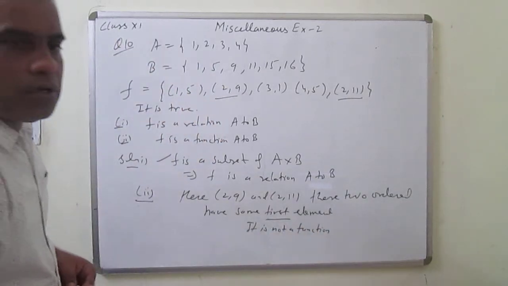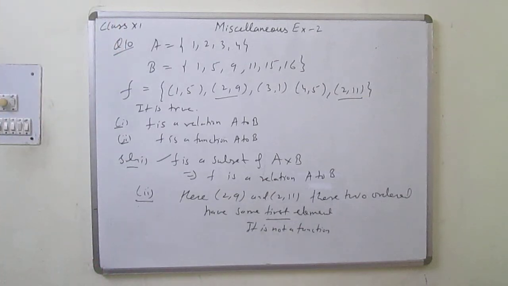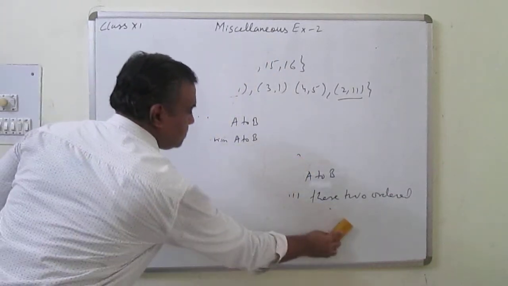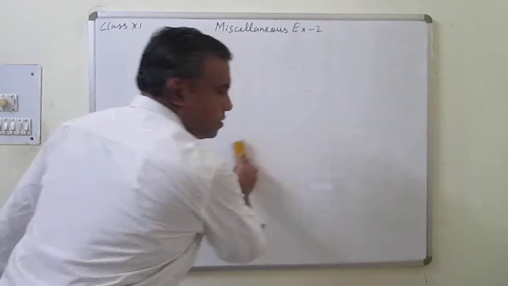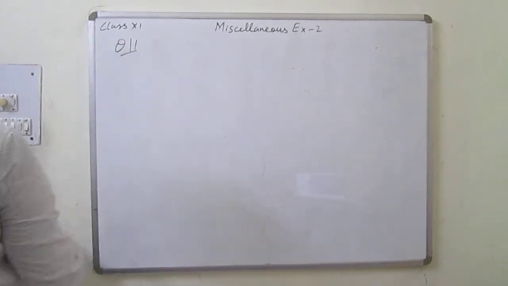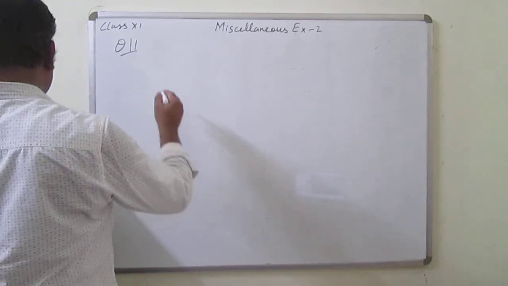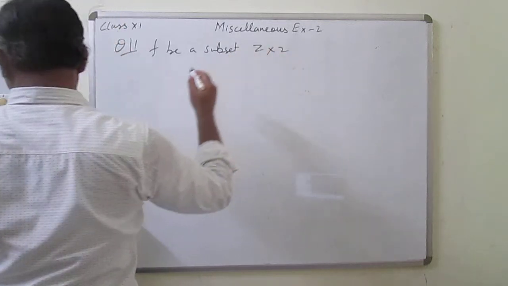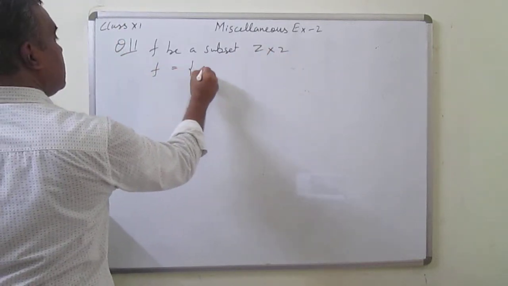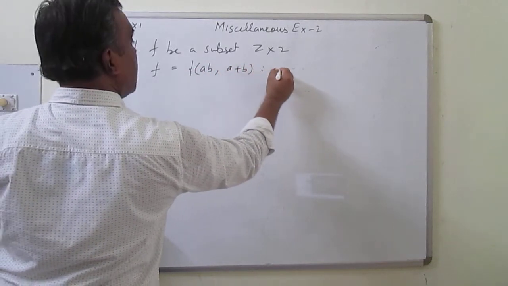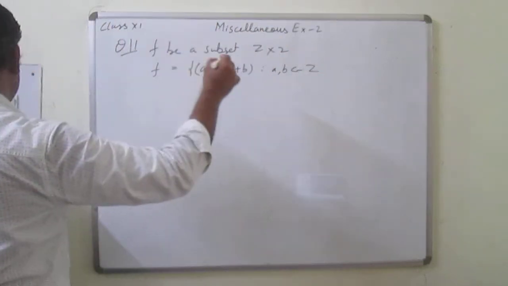Now I will do question number 11. Let F be a subset of Z cross Z defined by (a, b) maps to (ab, a plus b), such that a, b belong to Z, where Z is the set of integers.